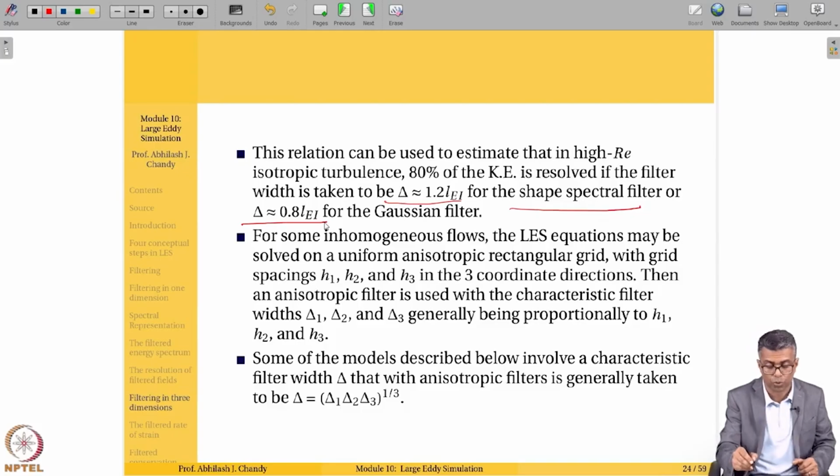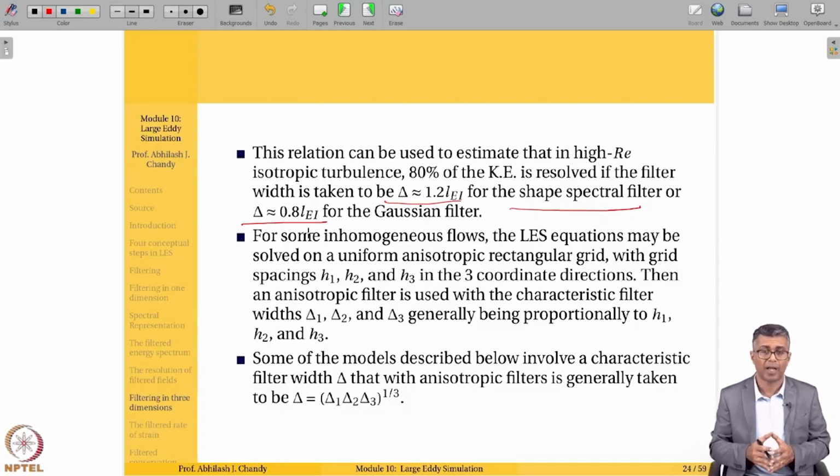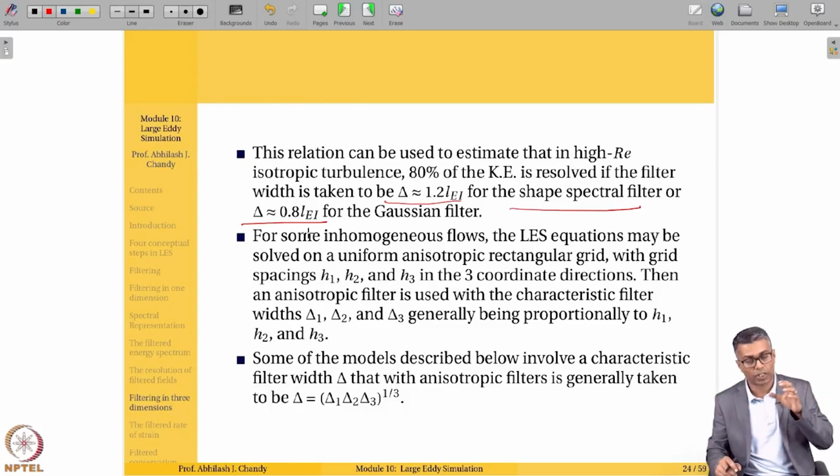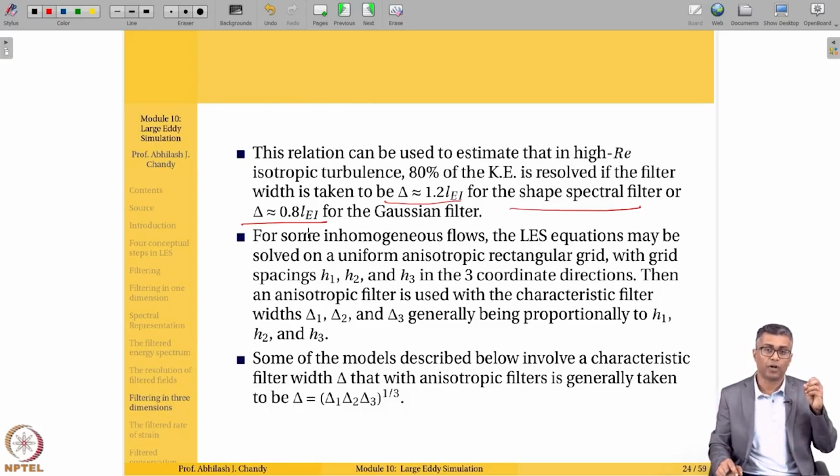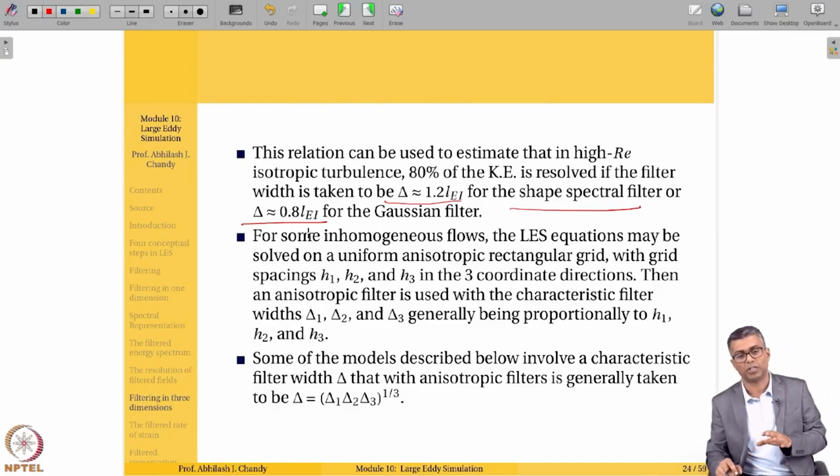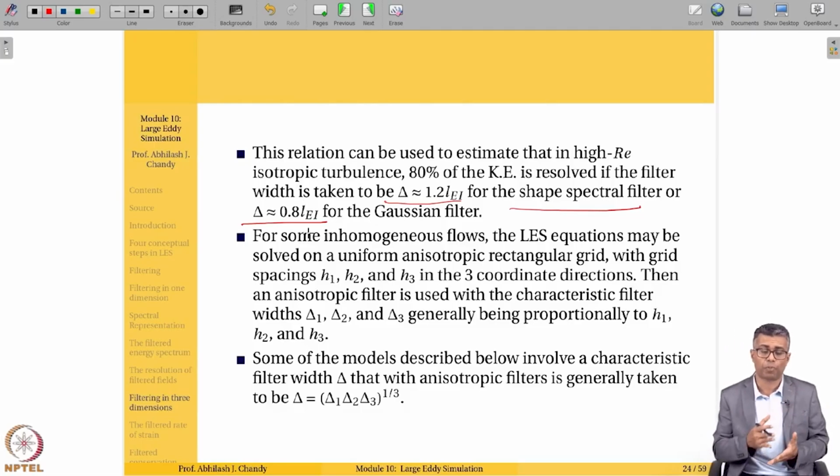In that case, if you choose these as your numbers, you will resolve 80% of the energy. You will not resolve 20% of the energy, but you will resolve 80%. Whether that is sufficient for your problem depends from problem to problem.